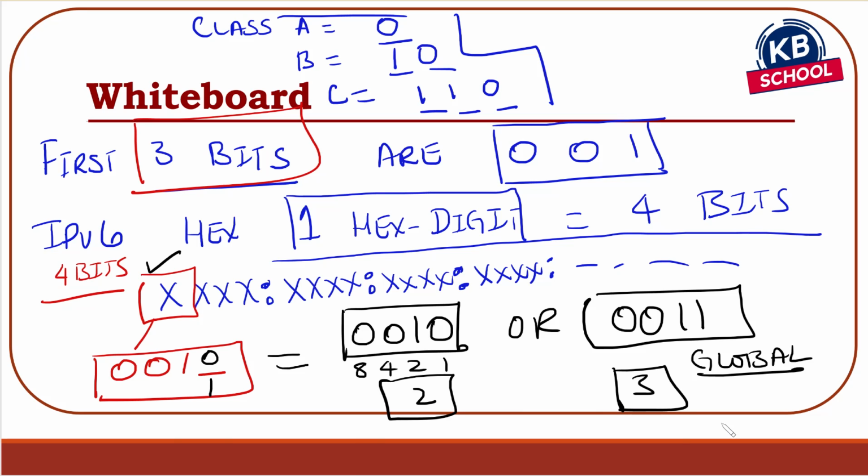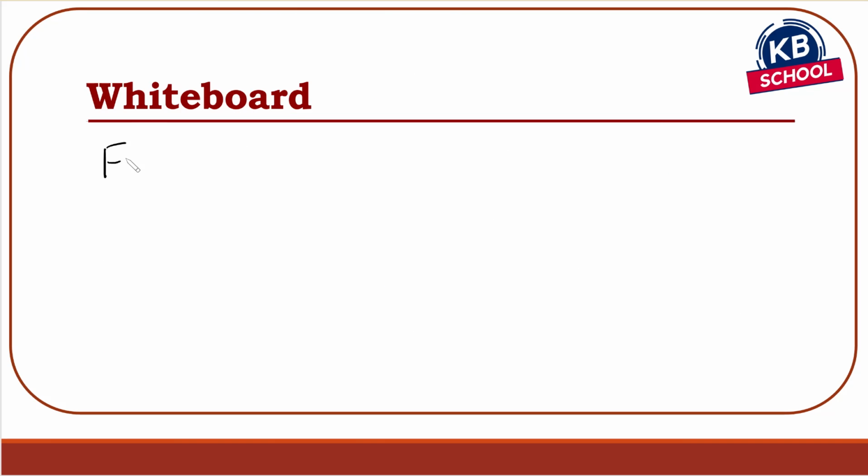So the rule for a global address is that the first hex digit is either a 2 or a 3. When I look at an address, if I see a 2 or a 3, it is a global address. Understood? The bottom line is I wanted you to see why. This is the rule, and this is the implication of the rule.